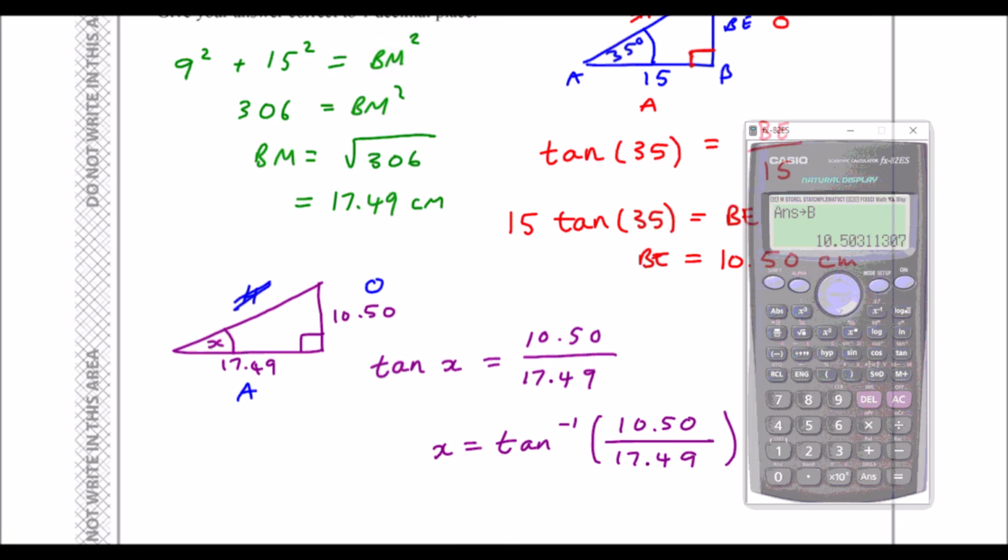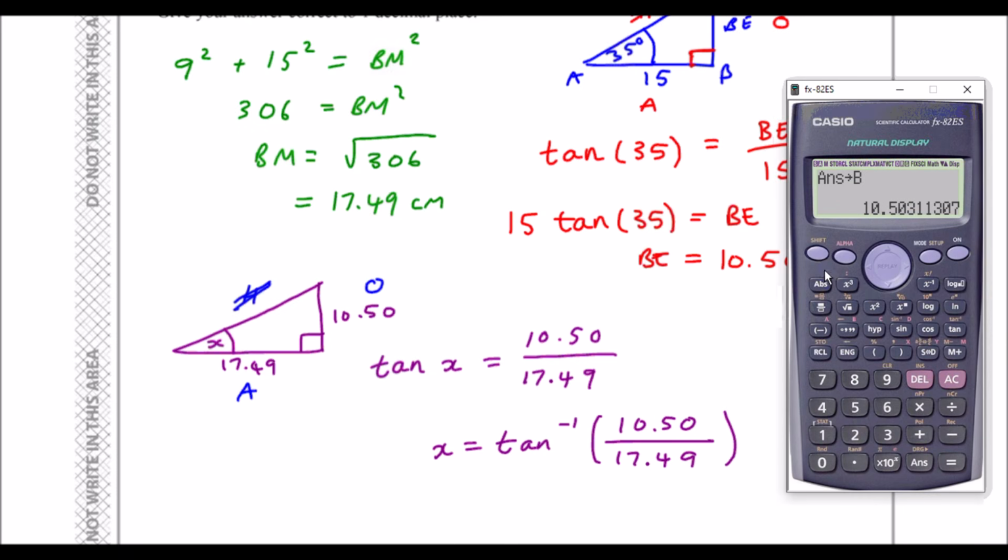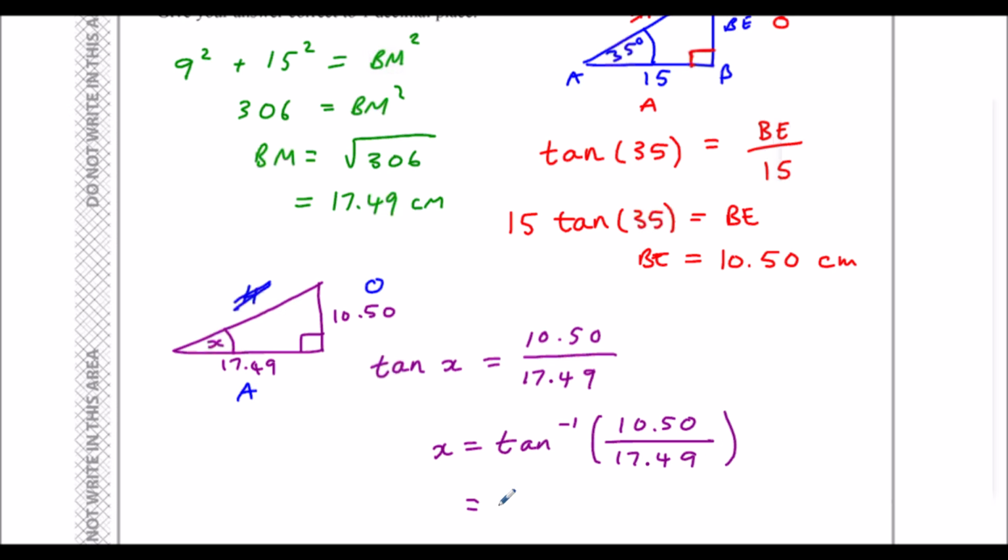And I did store the whole numbers in the calculator, so I could use them later. So it was alpha B over alpha A, and that's 30.98. So I'll write that down, 30.98.